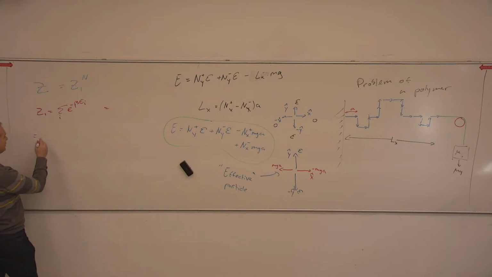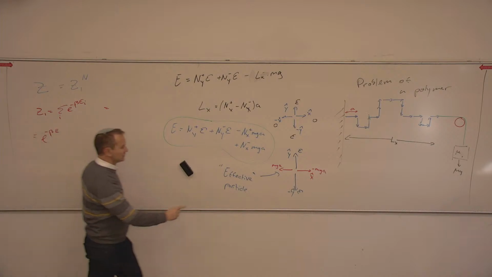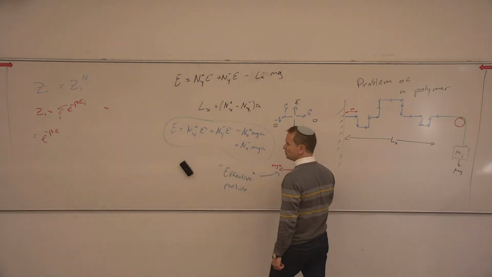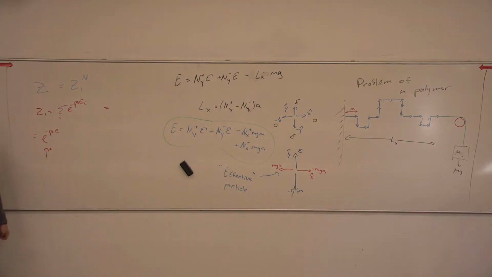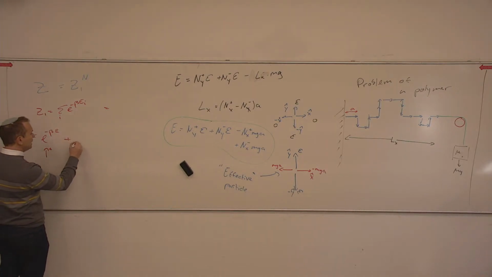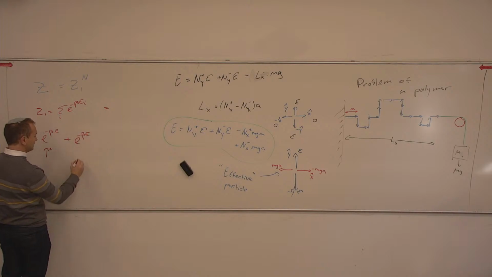So what we have over here is e to the power minus beta epsilon. This is this orientation, so this is particles that are pointing in the plus y direction. Plus e to the power minus beta epsilon.